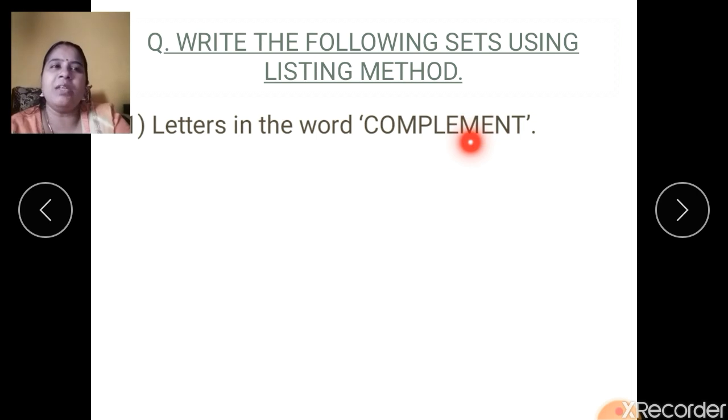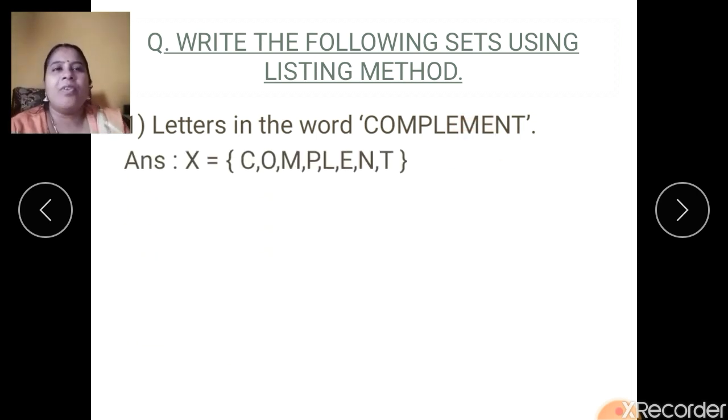You can see E repeated here. Any other alphabet? No. So how to write this? Whichever alphabet you want, you can use, and you can write C, O, M, P, L, E, and then don't repeat M, then N and T. Repetition is not allowed.